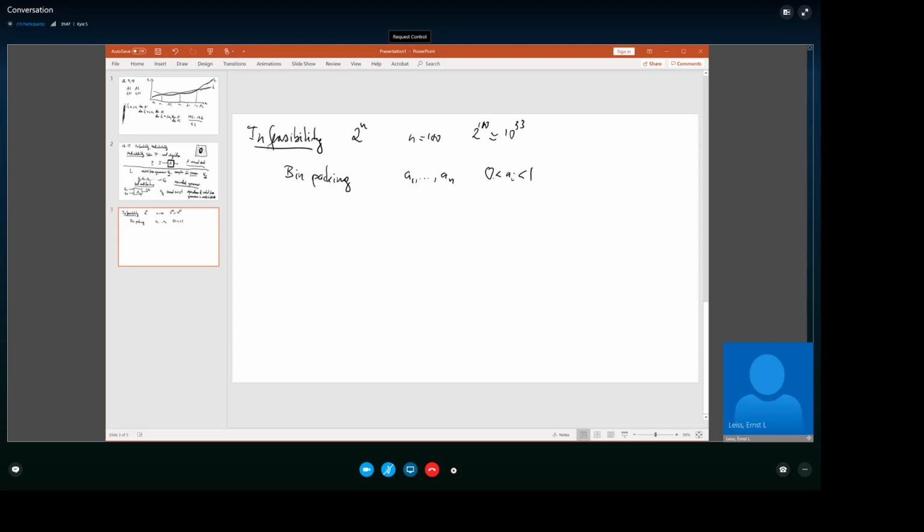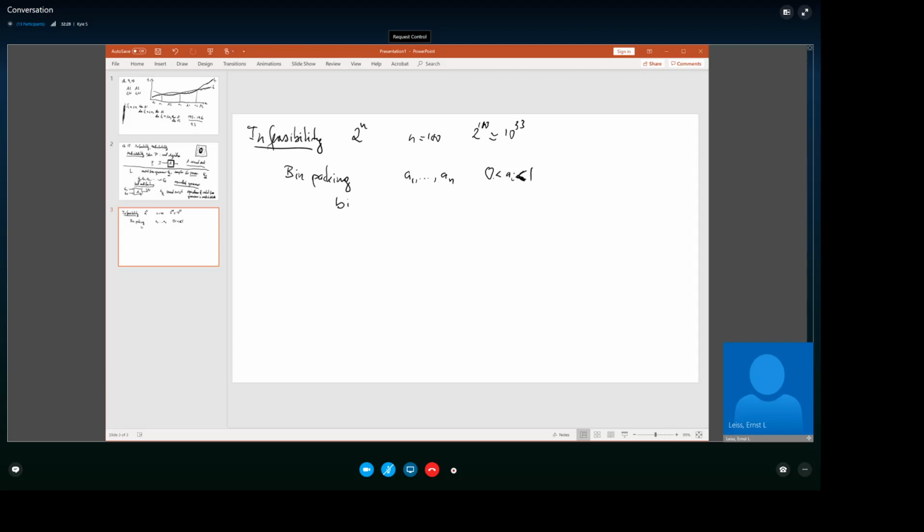The two extremes are excluded because if it's of size 0, then it doesn't require any space, and if it's of size 1, then it simplifies things. We can just throw these out, because the task we're giving ourselves is to take these n items of size A1 through AN and put them into bins.